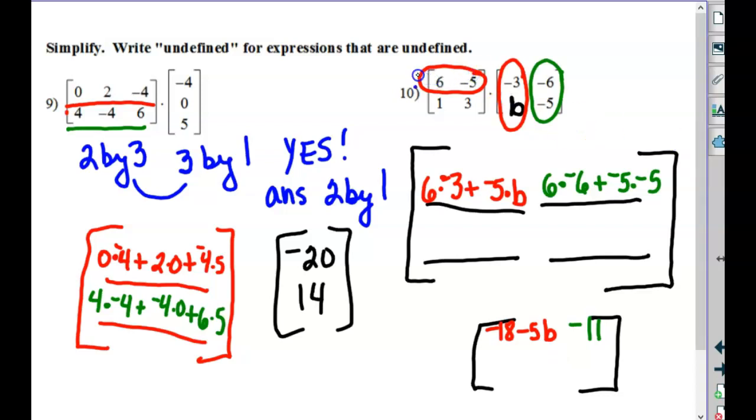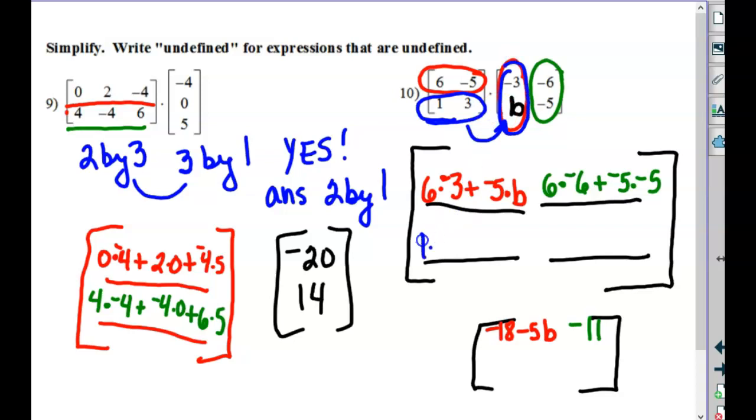Now I am done with this row. I am moving on to this row. Okay, just give me a second. I want to undo that scritching out because I'm going to leave these for notes and someone's going to go, what? So I'm using this row now times this column.